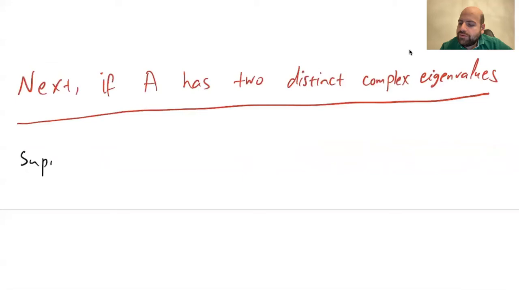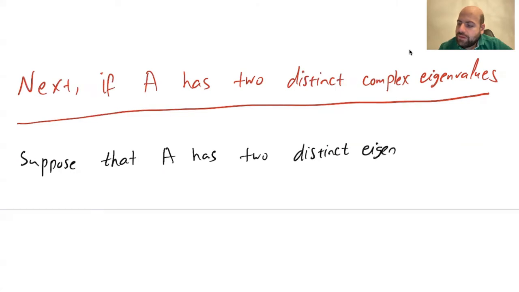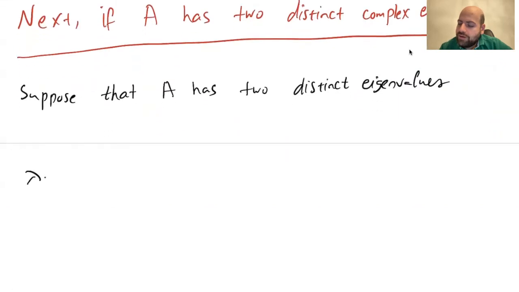So suppose that A has two distinct eigenvalues, let's say lambda 1 and lambda 2, with the corresponding eigenvectors.